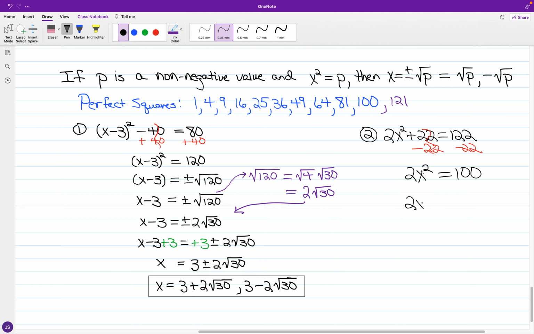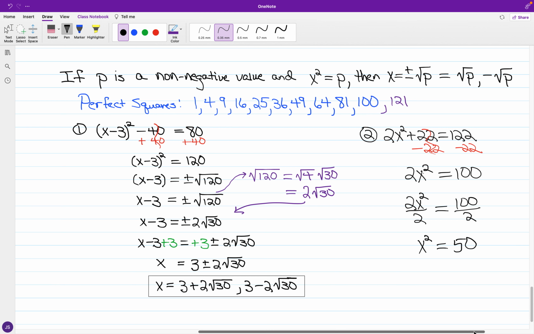Then, getting in terms of just x squared, we divide by 2. So 2x squared over 2 becomes x squared, and 100 divided by 2 will be 50.